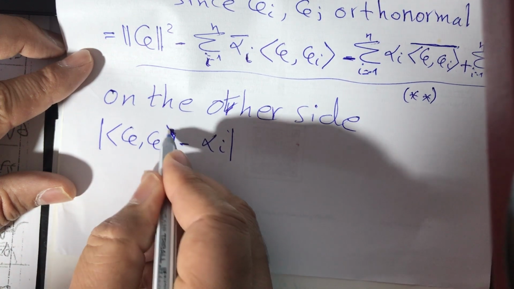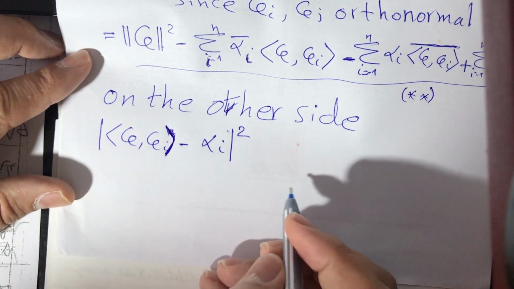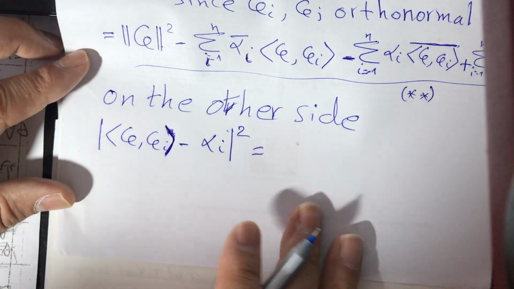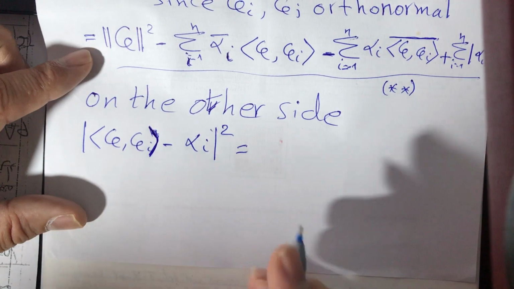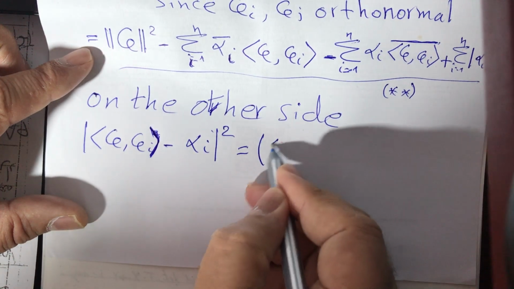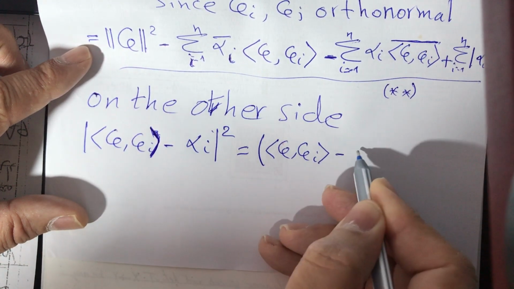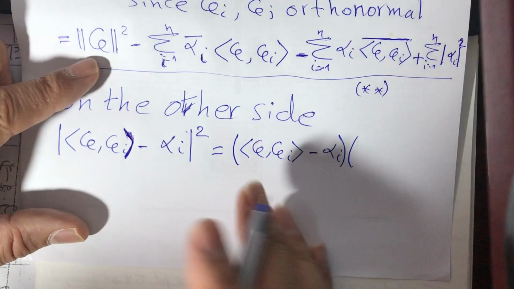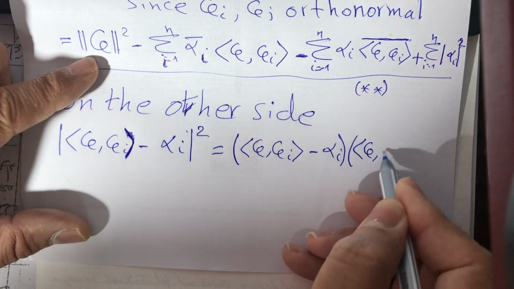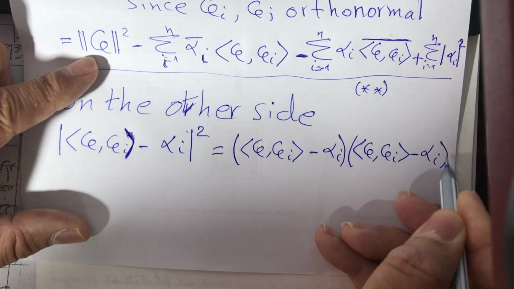Here there is an inner product, and this square is equal to, of course, phi i minus alpha i times phi i minus alpha i conjugate.